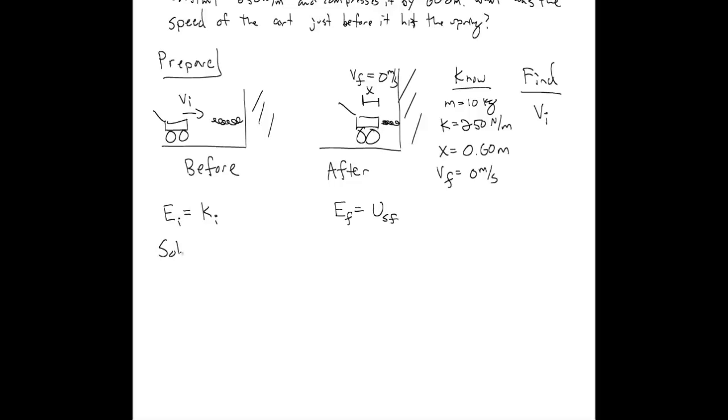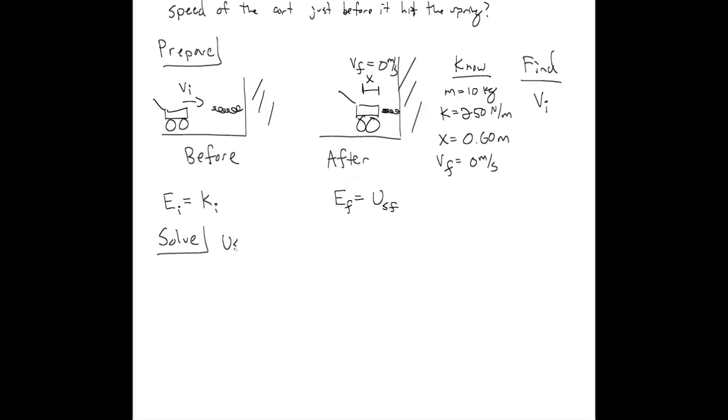So now let's go to our solve stage, and we're going to use conservation of energy to solve. Let's write out our energies in a bit more explicit detail. The initial energy, which was K_i, is 1/2 the mass of the cart times the initial velocity of the cart squared.